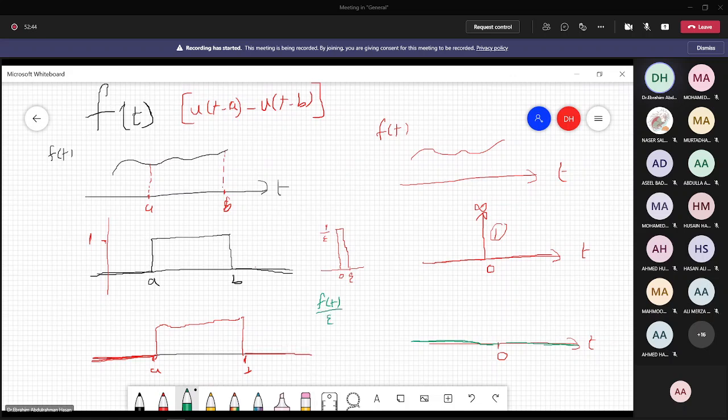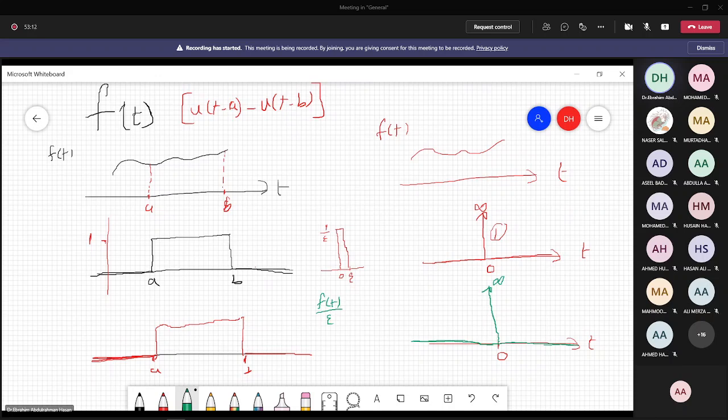Since epsilon is very small, close to zero, f of t divided by epsilon will be equal to infinity, and the width, equal to epsilon, is again close to zero.